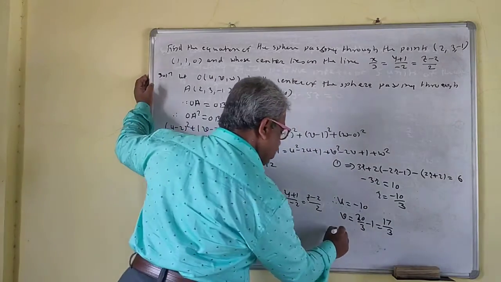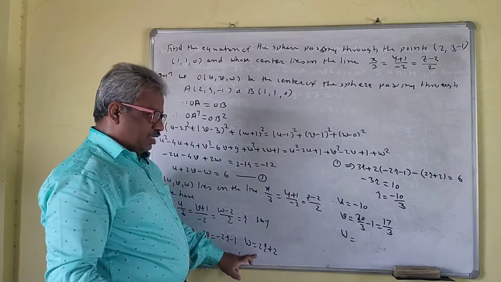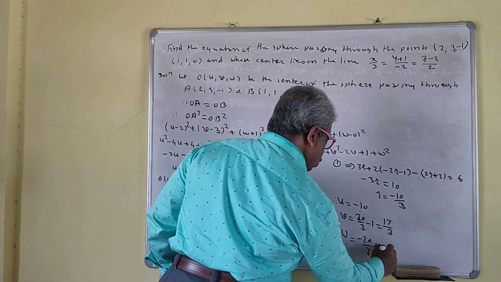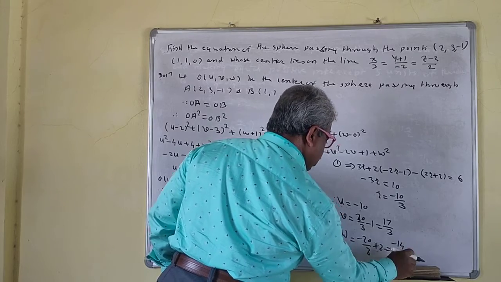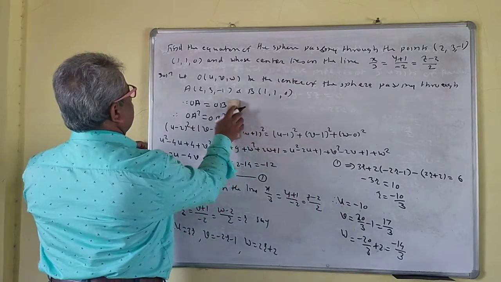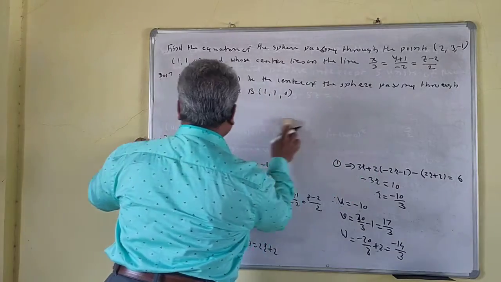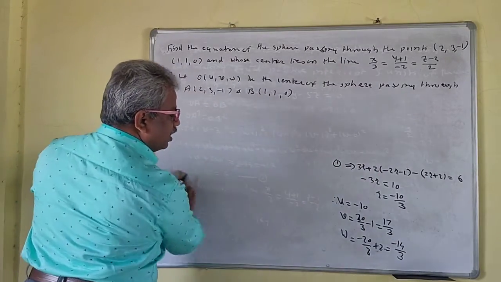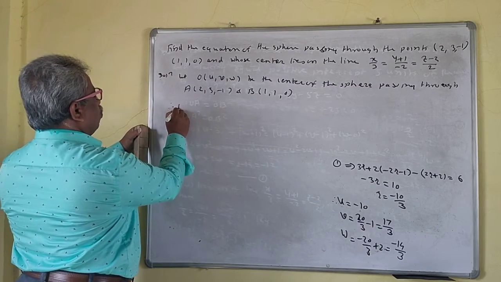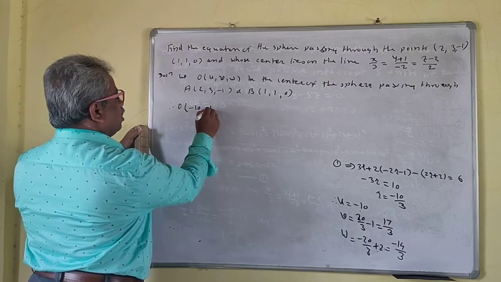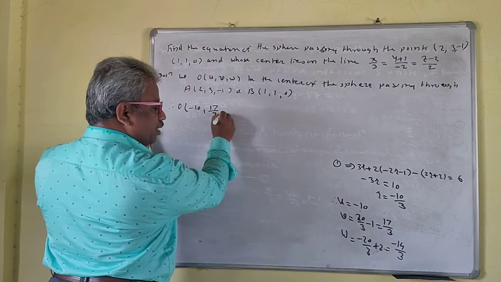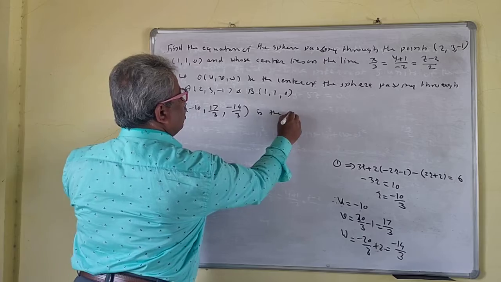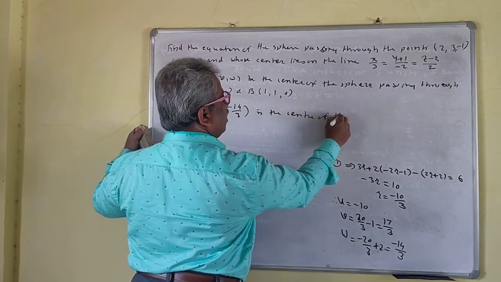W is equal to twice R, minus 20 by 3 plus 2. So this is minus 14 by 3. So you got the center. Therefore O (minus 10, 17 by 3, minus 14 by 3) is the center of the sphere.